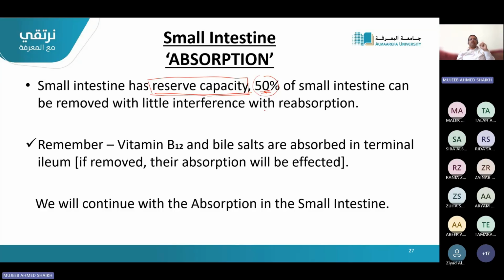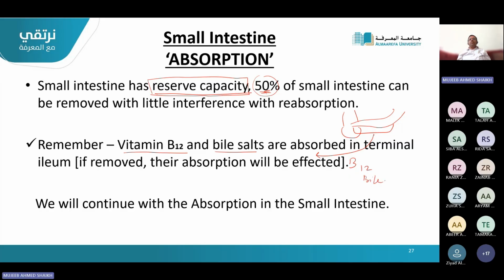Except there is one more thing. Why? Because vitamin B12 and bile salts are absorbed in the terminal ileum only. This is the terminal part, responsible for absorption of B12 and bile salts.